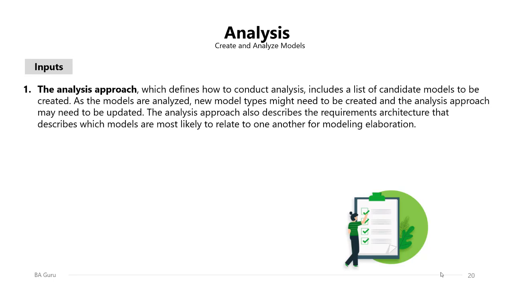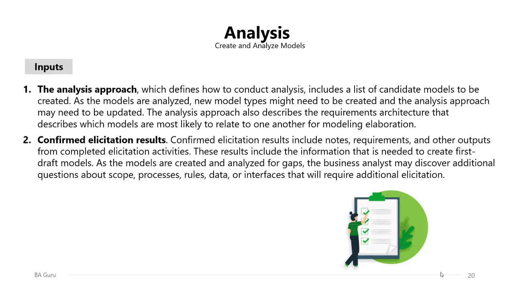As the models are analyzed, new model types might need to be created and the analysis approach may need to be updated. The analysis approach also describes the requirements architecture that describes which models are most likely to relate to one another for modeling elaboration. So this is the first input, and this is why you will need the analysis approach as an input for the create and analyze models process.